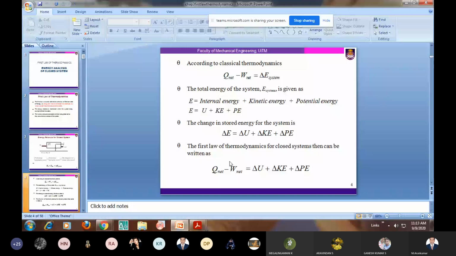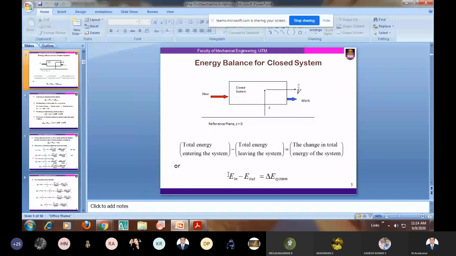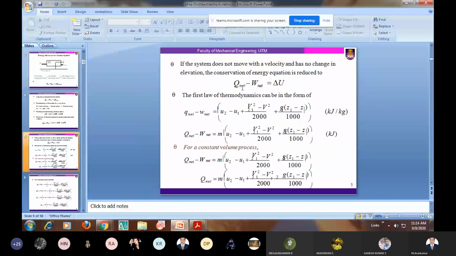Here we are looking at the energy equation alone. We can use this energy equation for any state and system. For a closed system, the energy equation will look like this: Q minus W is equal to delta U, because there is no velocity in a closed system, and also no elevation.